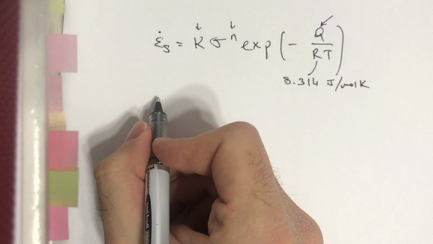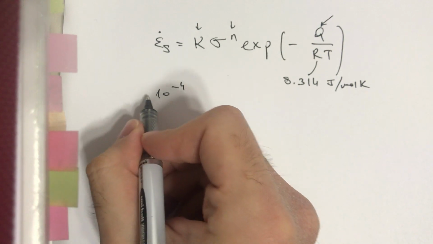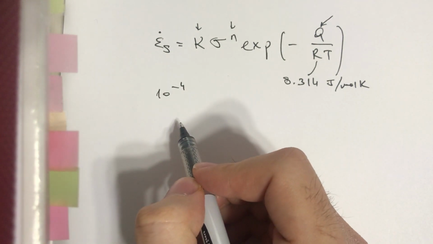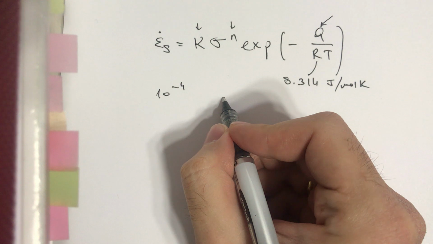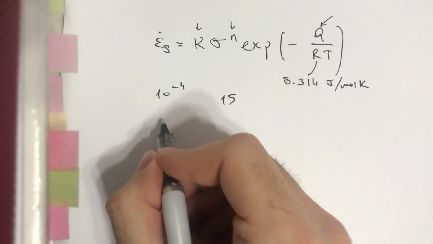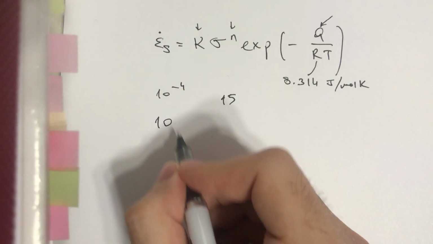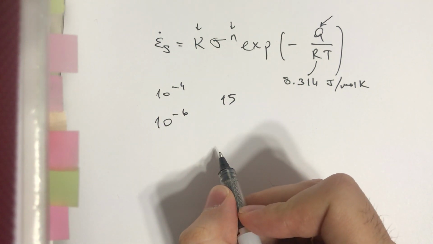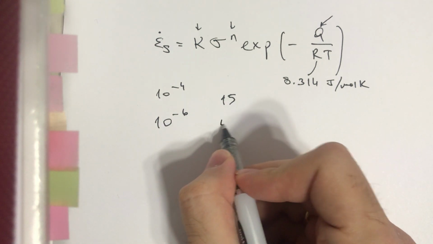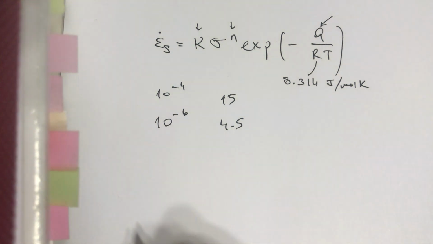So we have 10 to the power minus 4 steady state creep rate for 15 megapascals, and 10 to the power minus 6 creep rate for 4.5 megapascals.